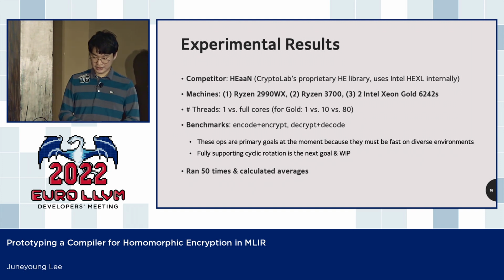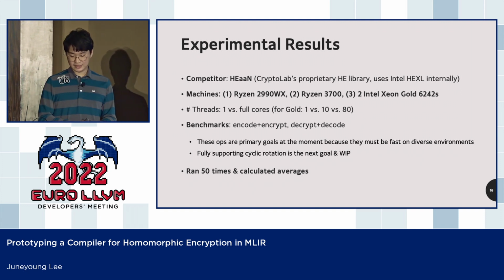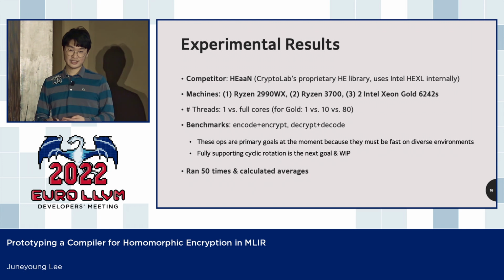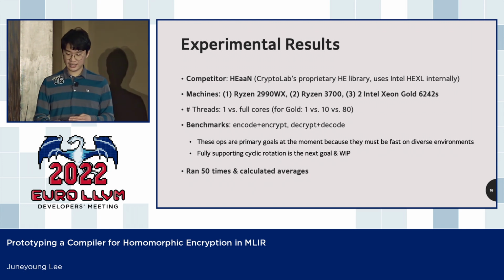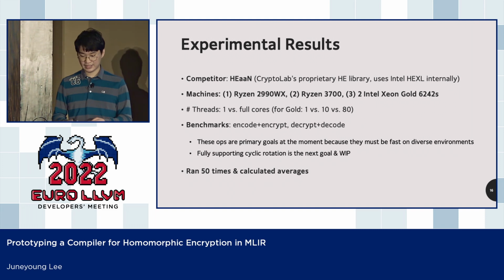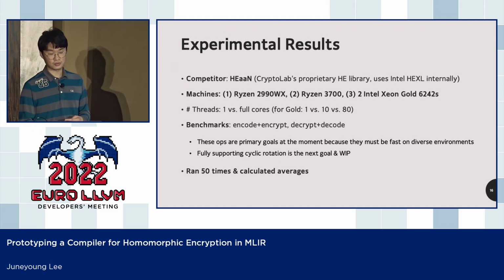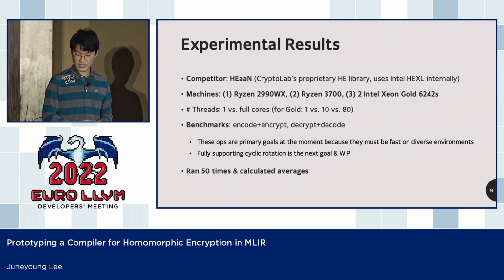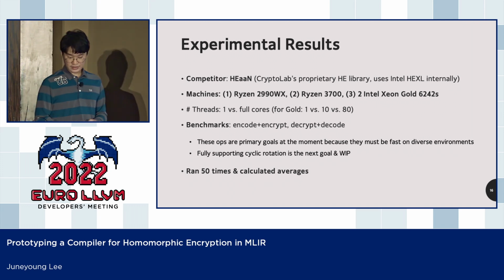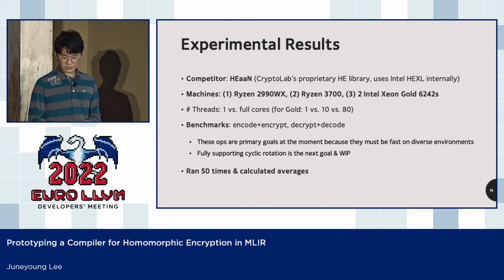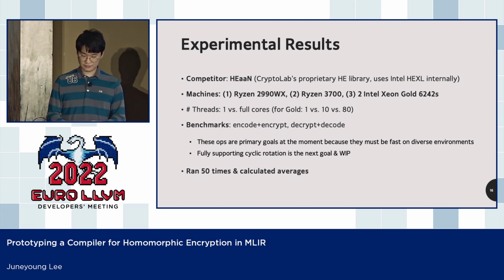I used 3 machines. The first 2 are Ryzen. Well, it does not provide AVX512, but HEXL still provides efficient operations for AVX2, so using HEXL has meaning. And the third machine is Intel Xeon Gold, which provides AVX512.